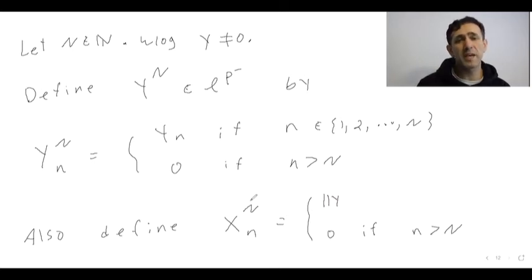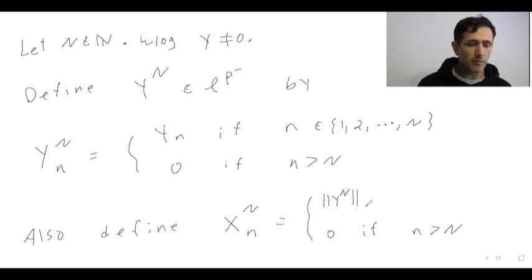For large enough big N, this means that at least one of the components of y^N is not 0. So in particular, for large enough big N, the norm of y^N is not 0.